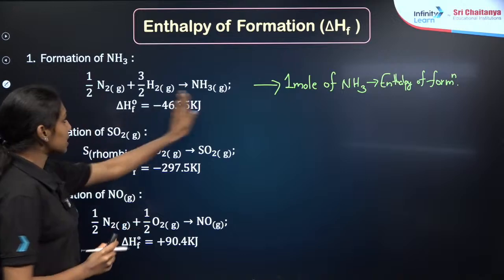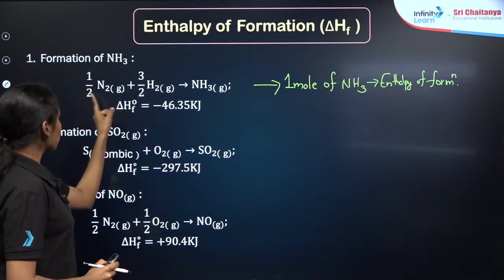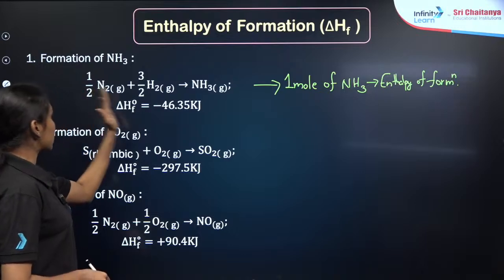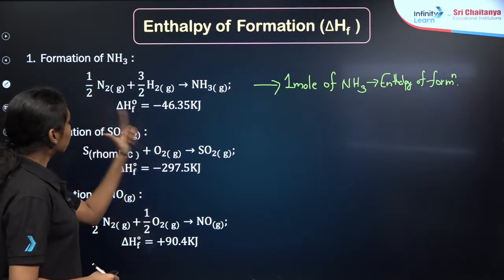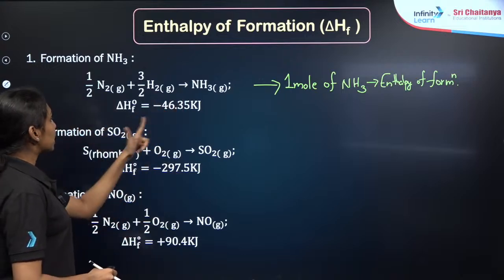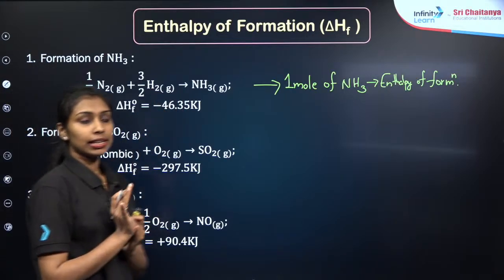So in order to get 1 mole of substance, I am just dividing these terms by 2. So it will become 1 by 2 N2 plus 3 by 2 H2 gives NH3. Which means it will be the standard enthalpy of formation of ammonia, that is given as negative 46.35 kilojoule. Right? Clear?